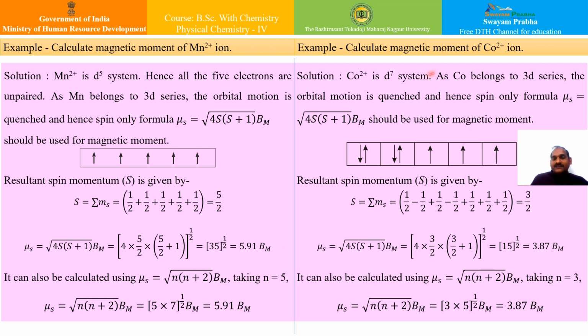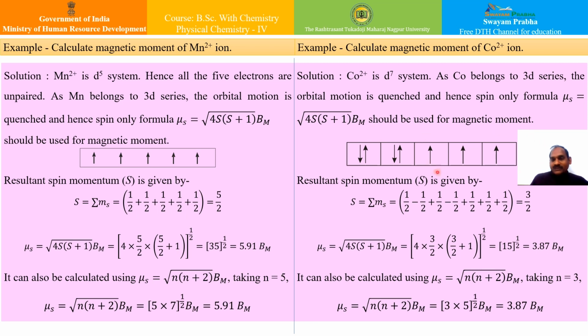Similarly, the second numerical is to calculate the magnetic moment of cobalt 2 plus ion. As cobalt belongs to the 3d series, the orbital motion is quenched, and hence the spin formula will be mu s is equal to square root of 4s into s plus 1 into BM, and therefore it should be used for the magnetic moment.